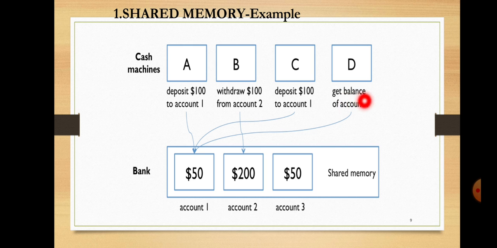Next, get balance of account 1. Next, withdraw 1000 from account 2. So these are the various transactions. A, similarly C and D, all of them are accessing account 1. So this can be made possible by means of this shared memory concept.